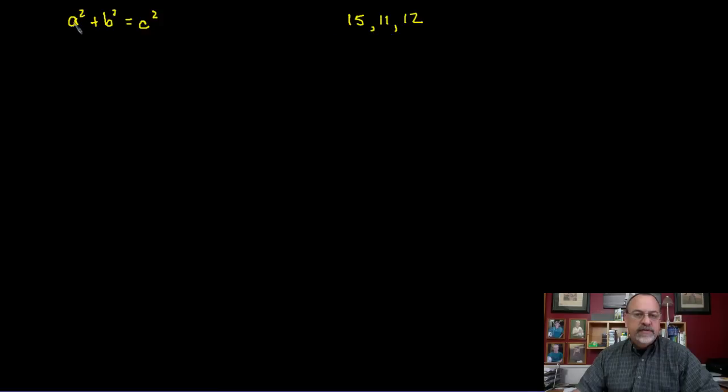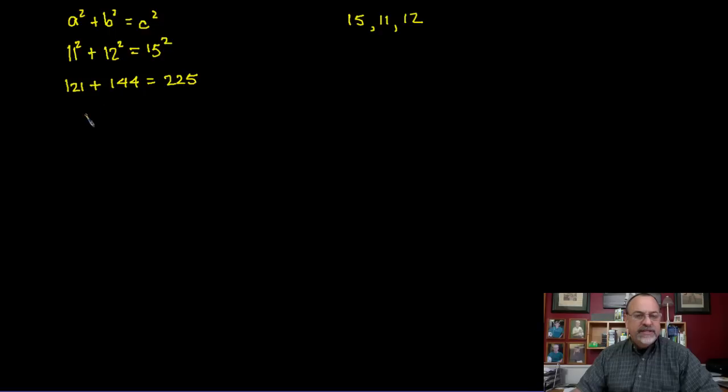So I don't want to put 15 here. I need 15 over here because that's the larger of the three values. So I'm going to put 11 squared over here, plus 12 squared, and then 15 squared. 11 squared is 121, 12 squared is 144, and 15 squared is 225.